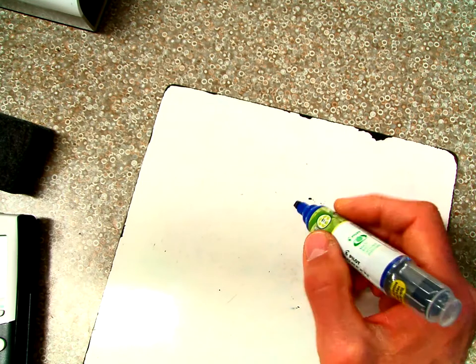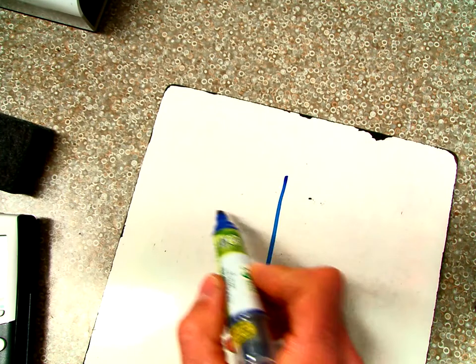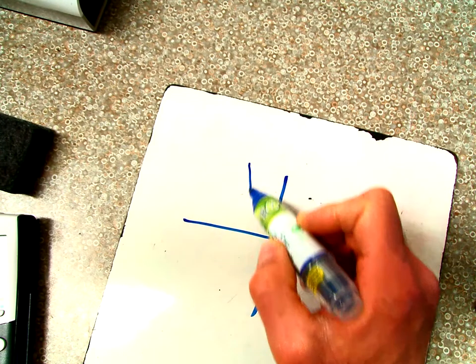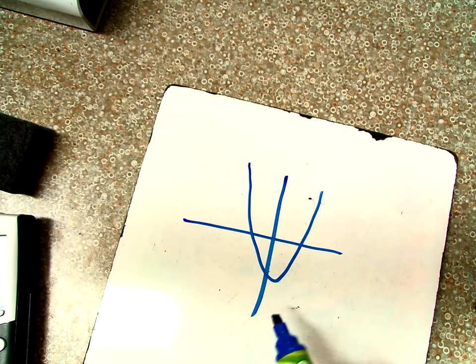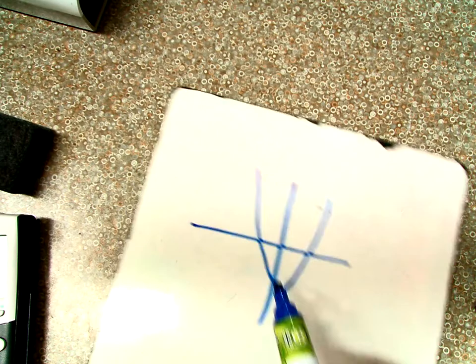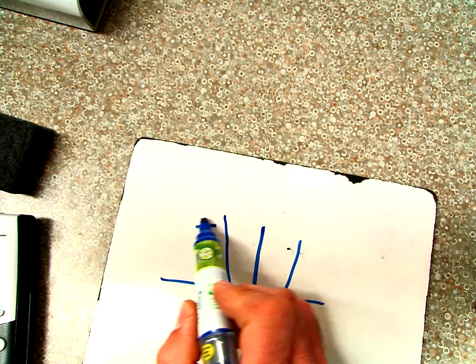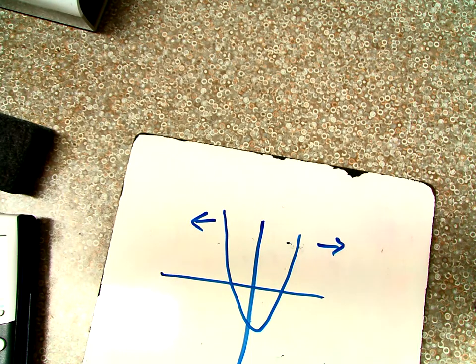So the graph of this, I'll draw a bigger version, looks like this-ish. This function goes to negative infinity and to positive infinity. It doesn't stop where it leaves the graph.